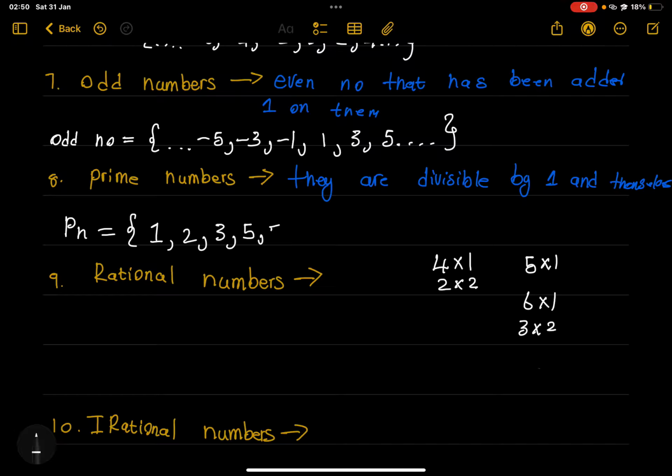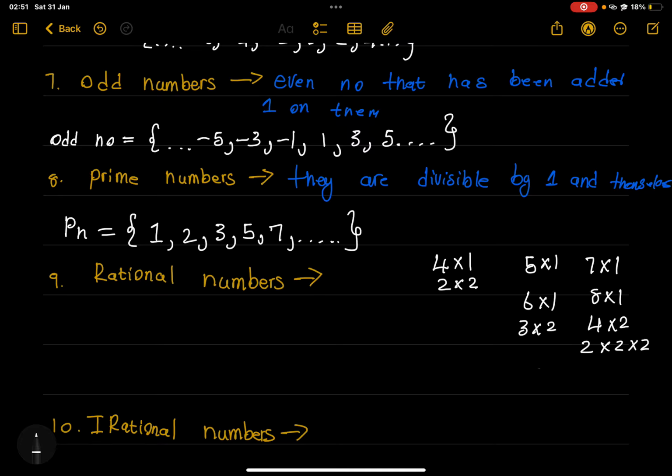And another one is 7. A 7 can be written as 7 times 1 only. Then we go to 8. 8 is not a prime number because 8 can be written as 8 times 1 and also 4 times 2, or I can say 2 times 2 times 2. That's how we can write 8. And so on.